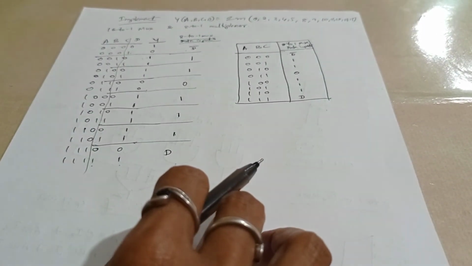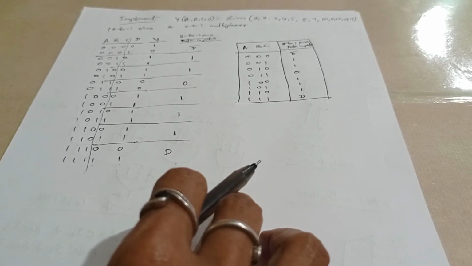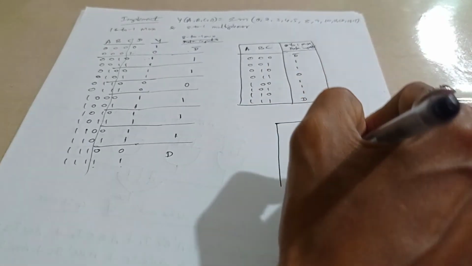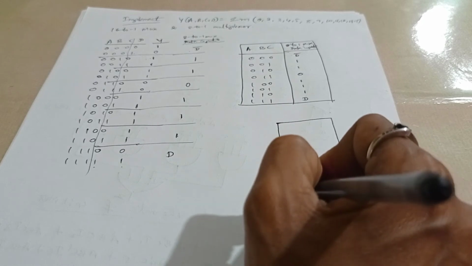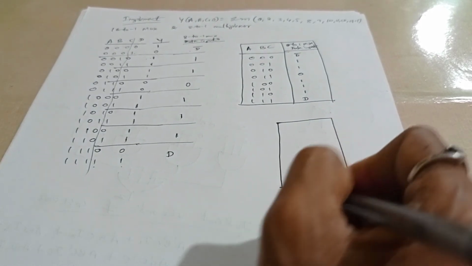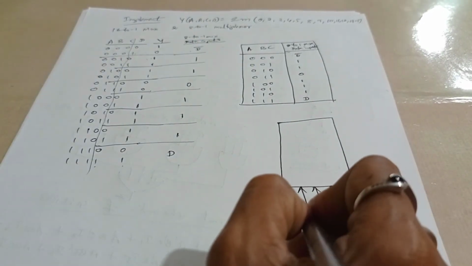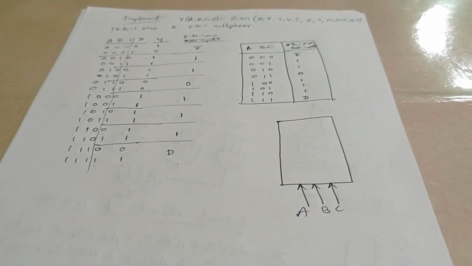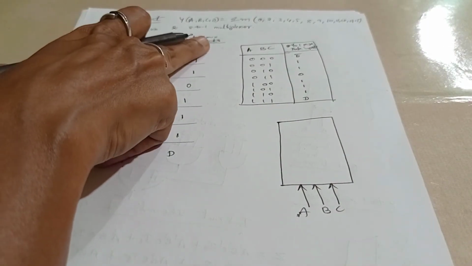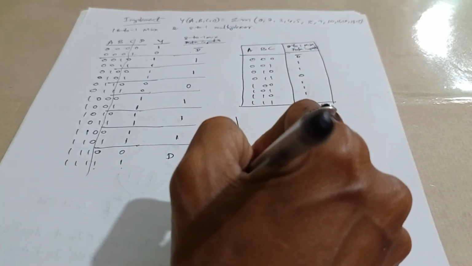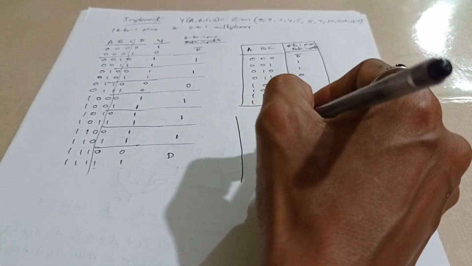Now for this we'll implement the 8:1 multiplexer. Actually for this we need 4 control lines, but now it is converted, so it is A, B, C. We are implementing an 8:1.